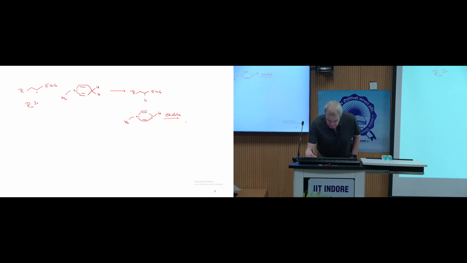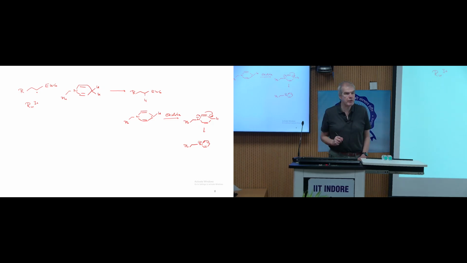Because if this gets oxidized, you can see that I can draw a resonance structure which could give me the pyridine ring here.